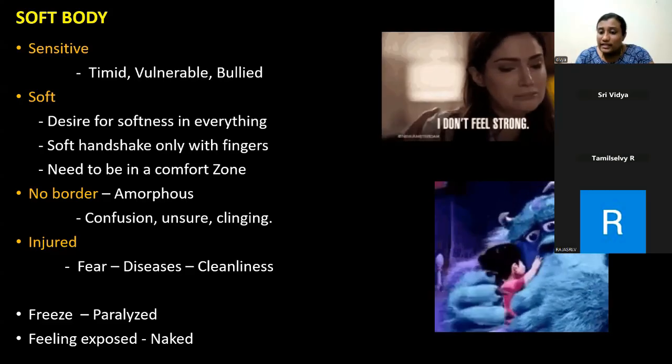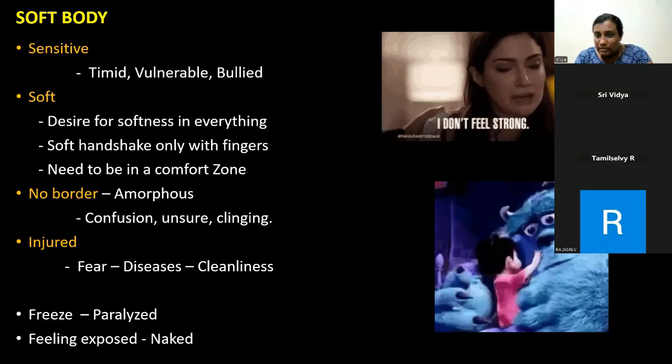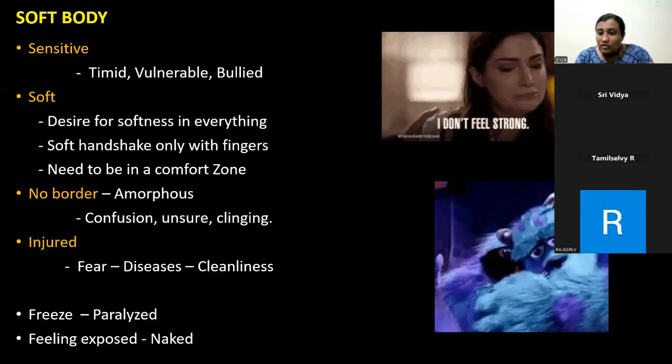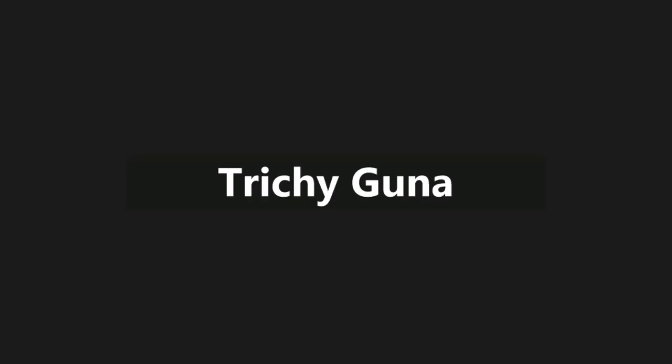So the reason for fastidiousness of sulfur is that they cannot rest when things are not in proper place.